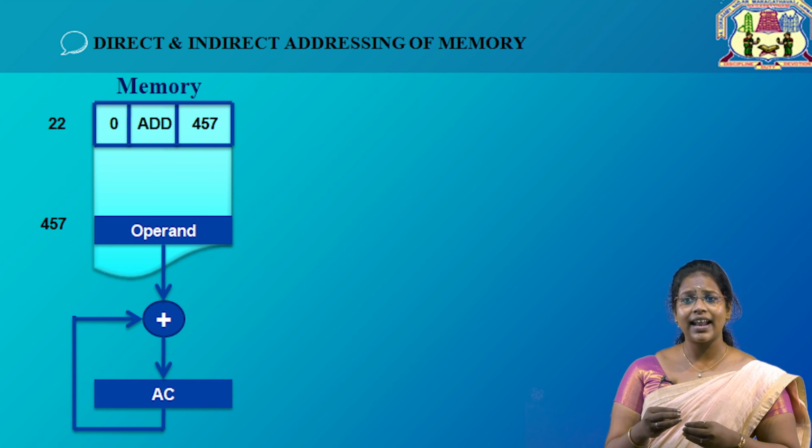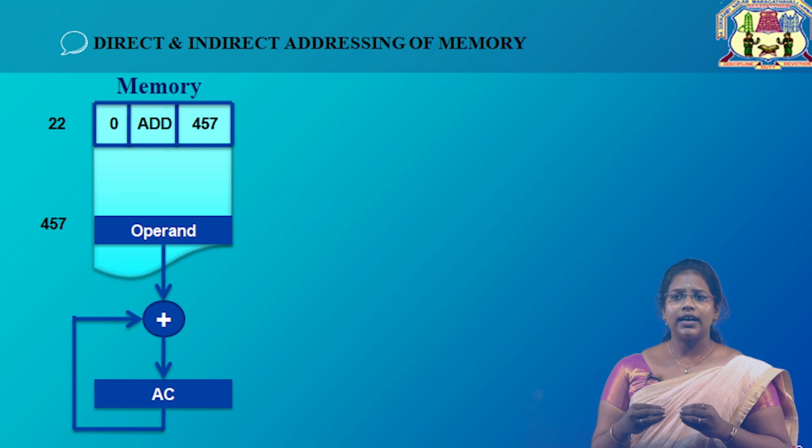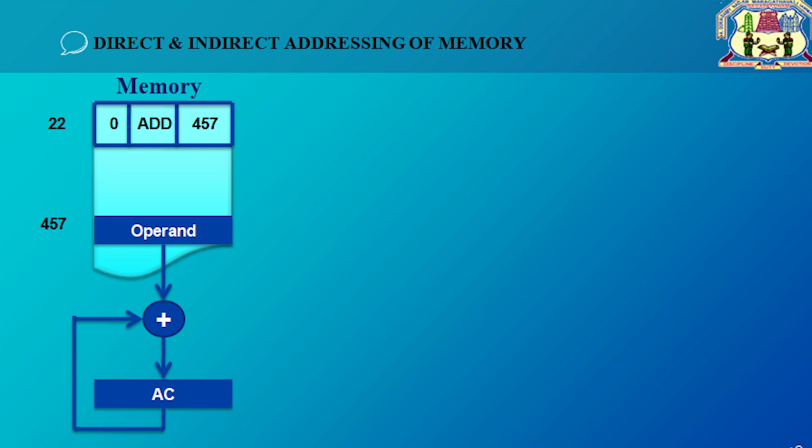Now let's see indirect addressing. In indirect addressing, let's say now I am setting the I bit to be 1, which means it is indirect addressing. ADD is the opcode, and 300 is the address provided.